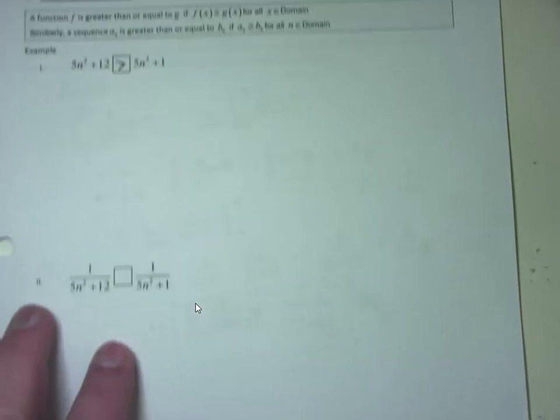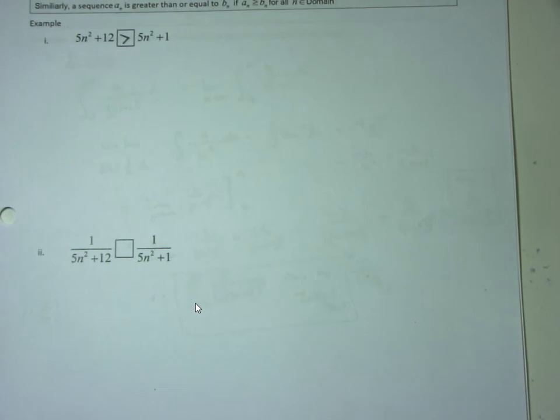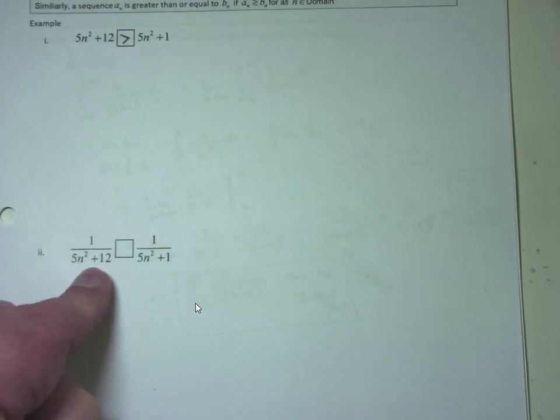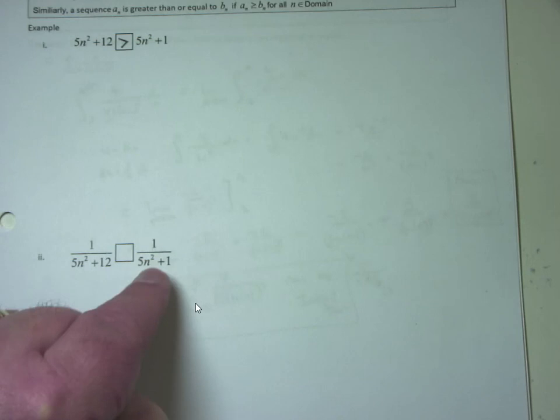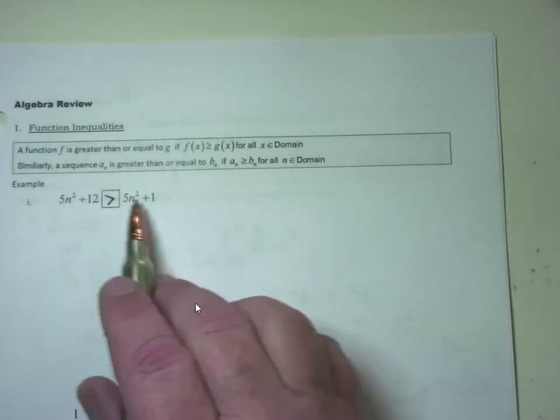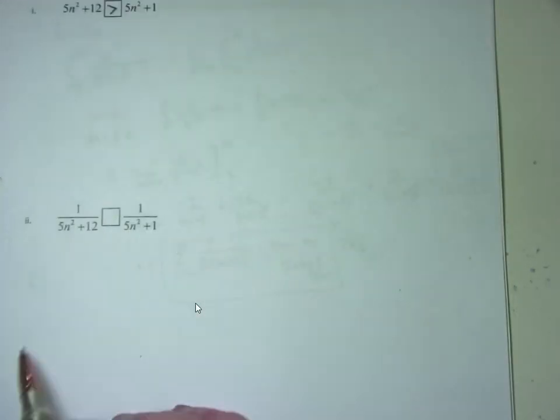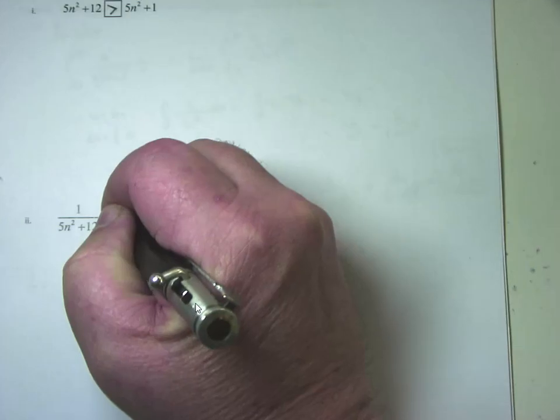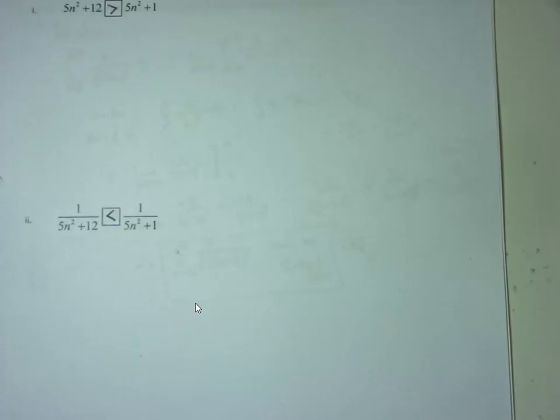Now compare this one: 1 over 5n squared plus 12 as compared to 1 over 5n squared plus 1. Now here's the deal. When you make fractions, 1 over something really big is what? Really small. So even though 5n squared plus 12 is greater than 5n squared plus 1, 1 over 5n squared plus 12 would actually be less than 1 over 5n squared plus 1.